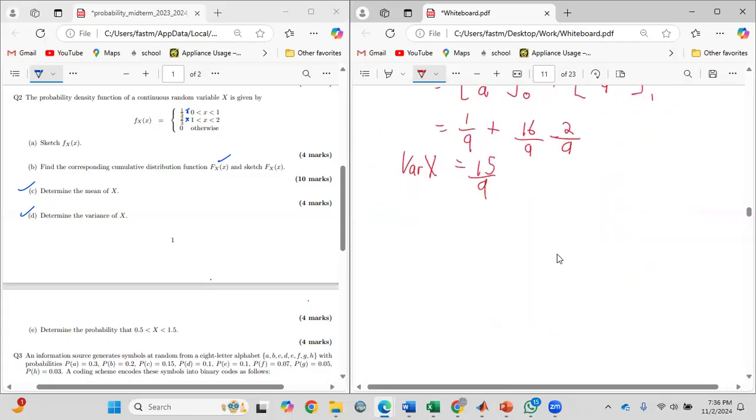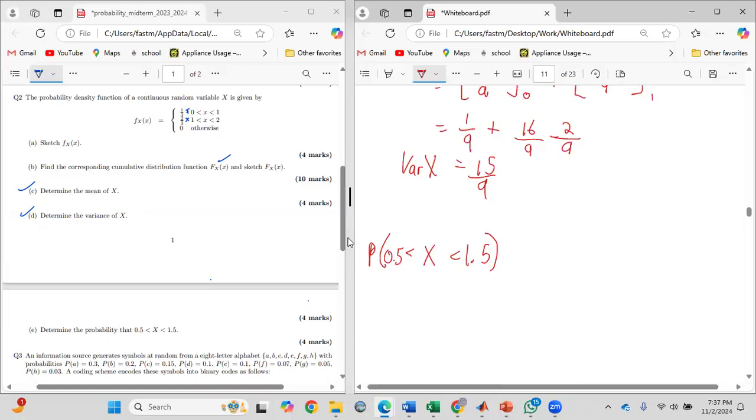And the last one, the probability that x is more than 0.5 and less than 1.5. So more than, less than, or equal to: for continuous, the equal to's can be nullified. When you're doing questions for continuous only, less than and less than or equal to will be the same value.